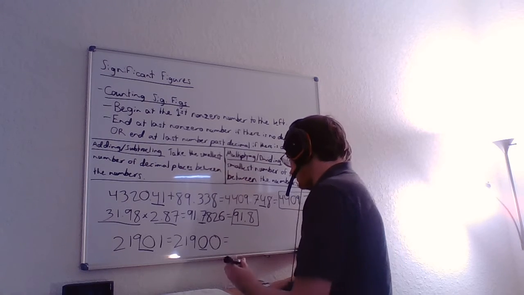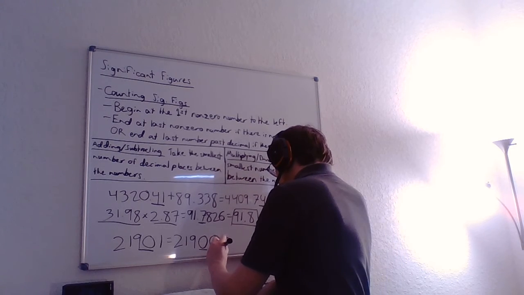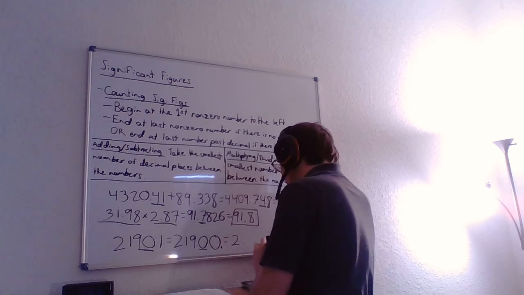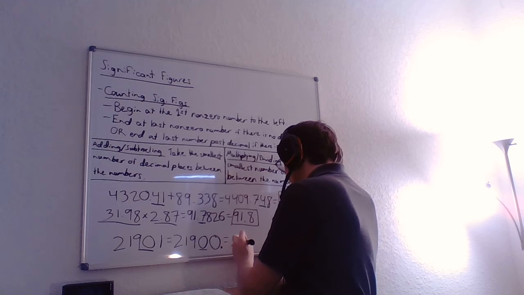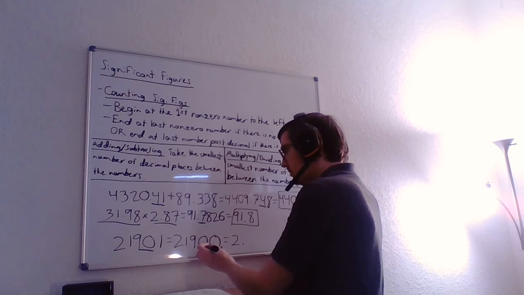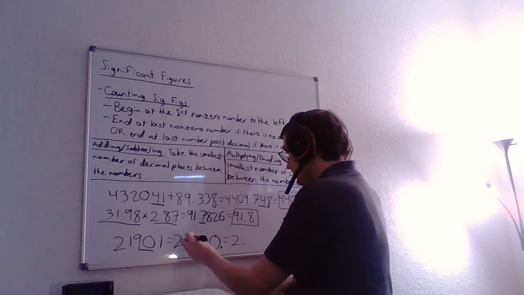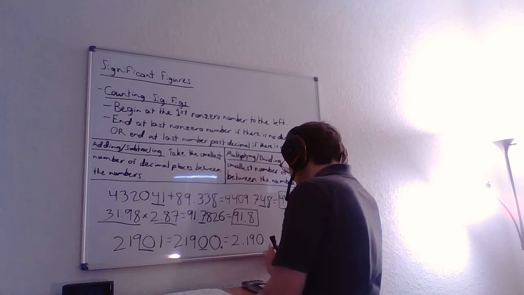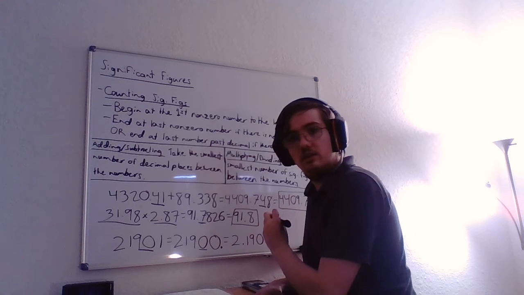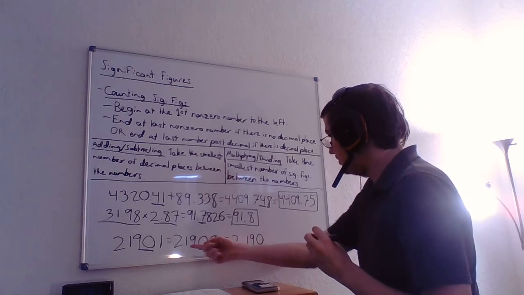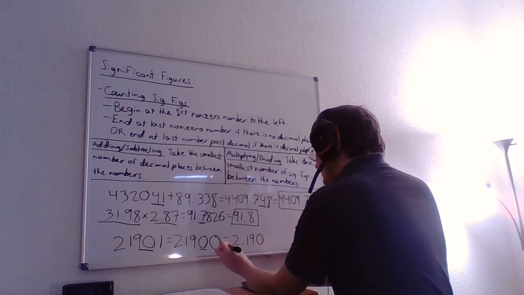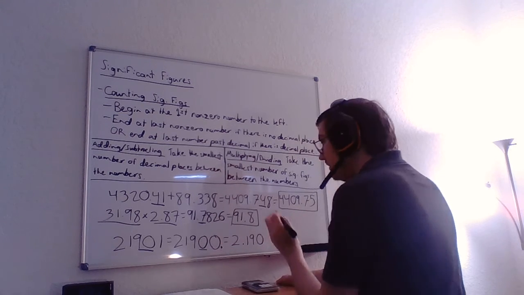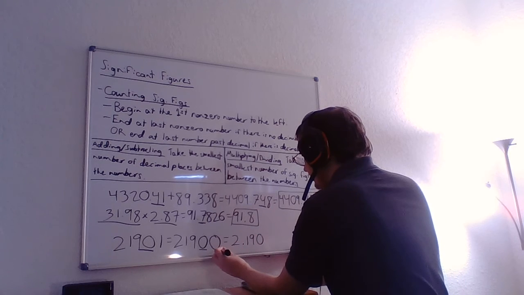So, remember how scientific notation works. We start by writing the first number out, and then we put the decimal right after that. Then we write out the rest of the significant figures, right? The 1, 9, and then that 0. So that's these numbers right here. Now what we do is, remember, you have an implied decimal place at the very end of this chain of numbers.